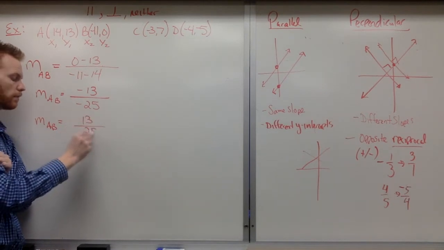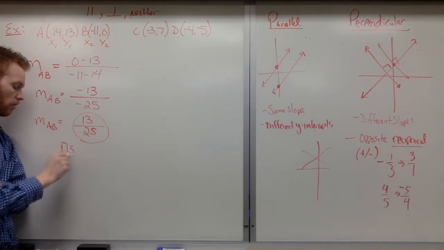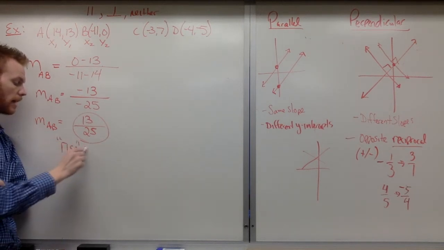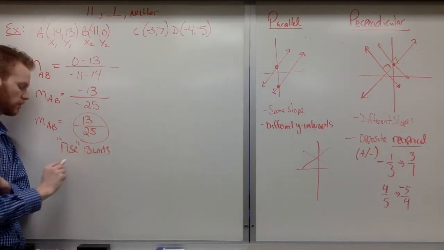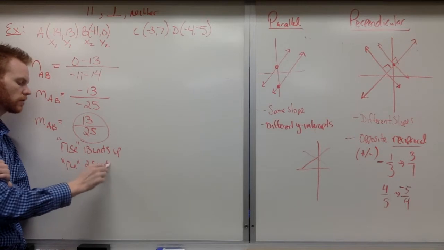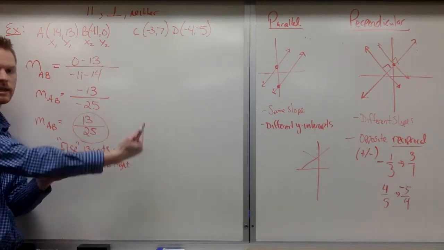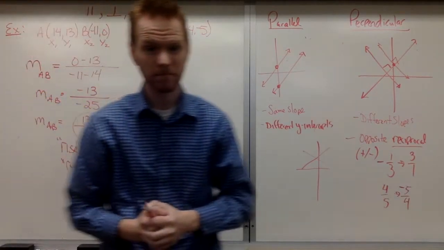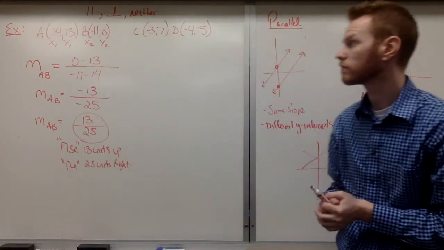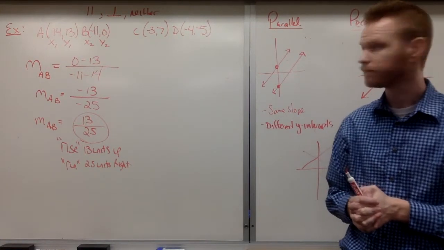My slope for AB is 13 over 25. What that means is I'm rising by 13 units, and I am going to run, remember that means over, 25 units to the right to get to that next point on the line. Okay? So far, so good? Yeah?